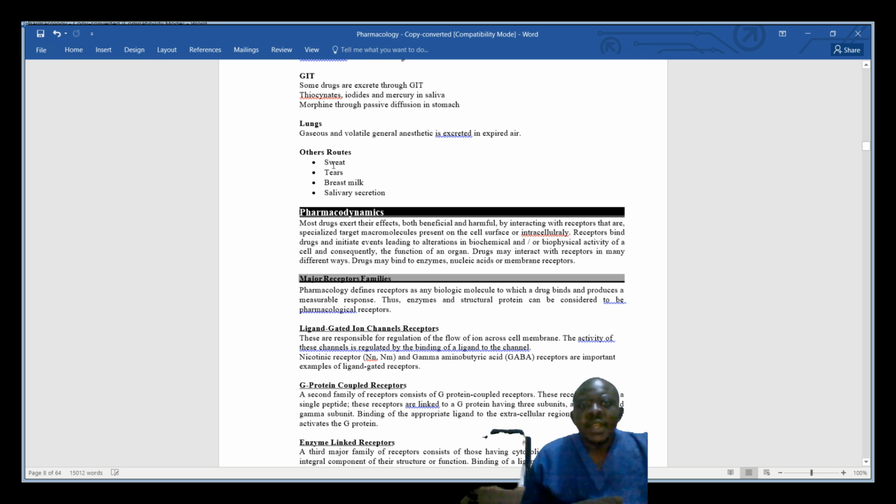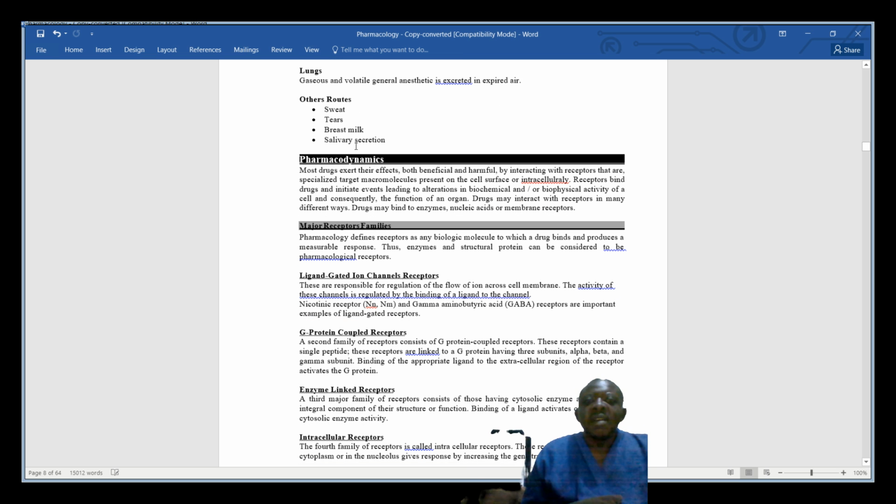Then the lungs, mostly for anesthetic drugs, which can be excreted during expiration. Other routes of drug elimination include sweat, tears, breast milk, and salivary secretion.